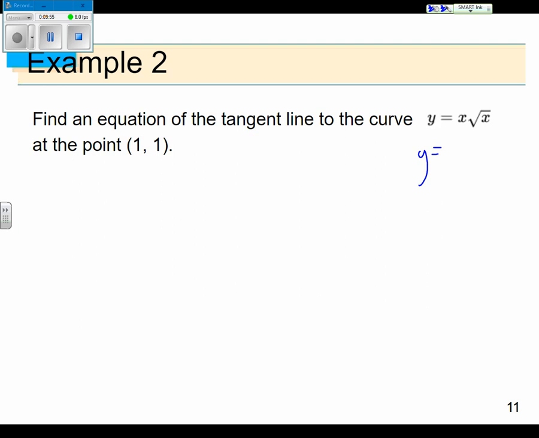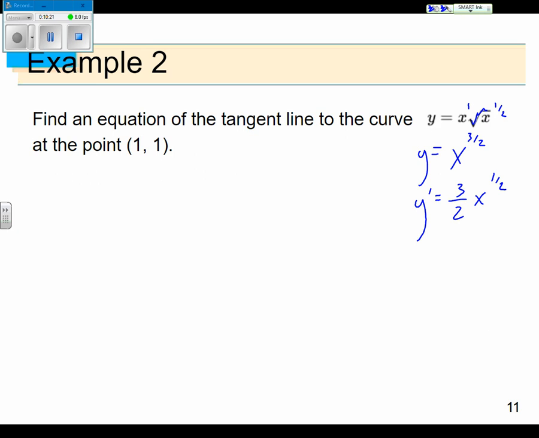I don't care. 1 1/2. I like 3/2, because this is to the first power. If I get rid of that, that's the 1/2, 3/2. So what would the derivative of that be? Yeah. I agree. 3/2 x to the 1/2 power.